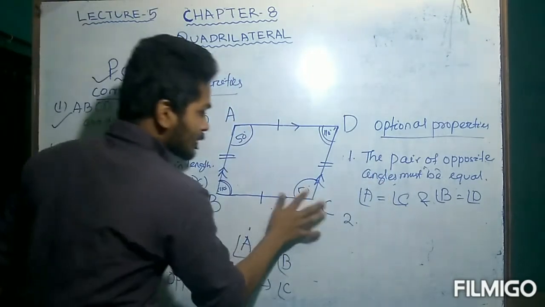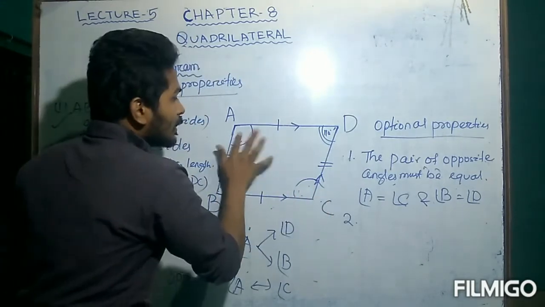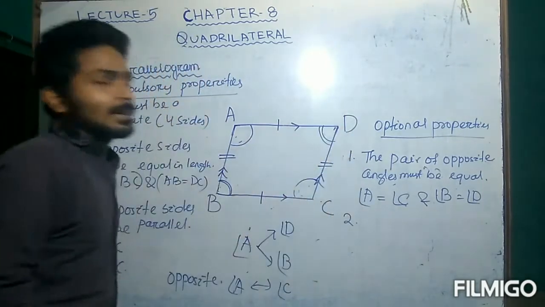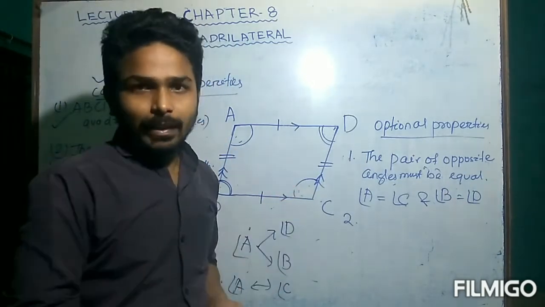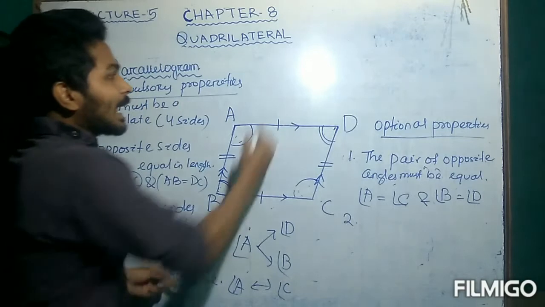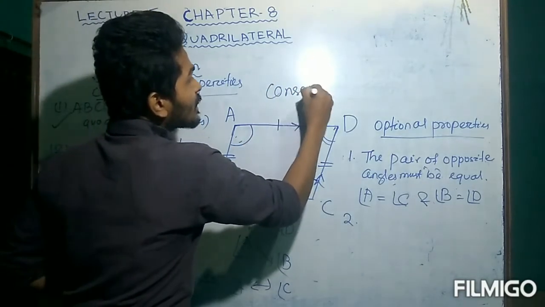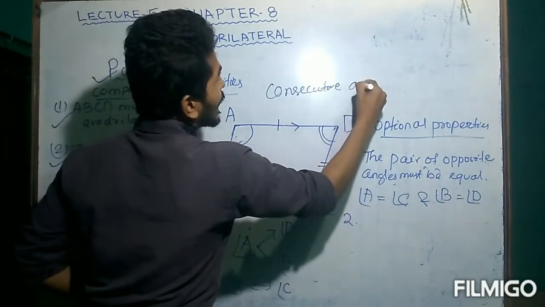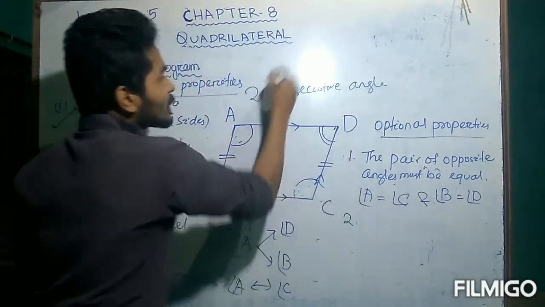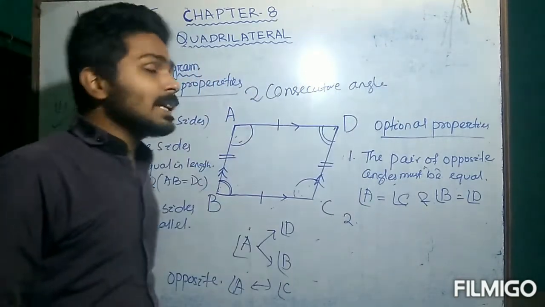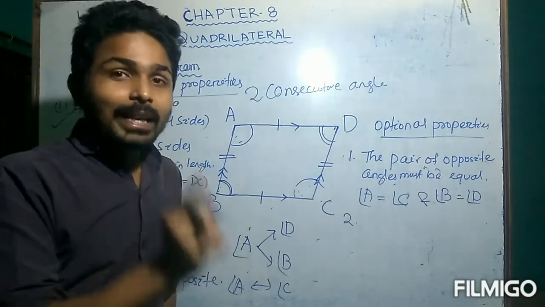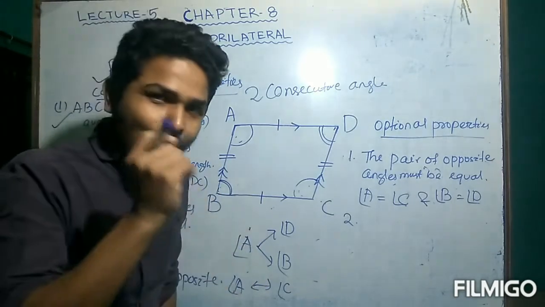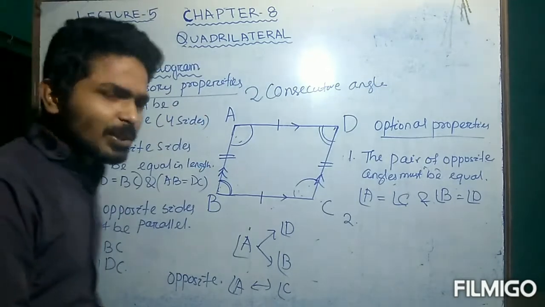So what is the next condition? The next condition is that the sum of any two consecutive angles is always 180 degrees. So let us find the consecutive angles here.